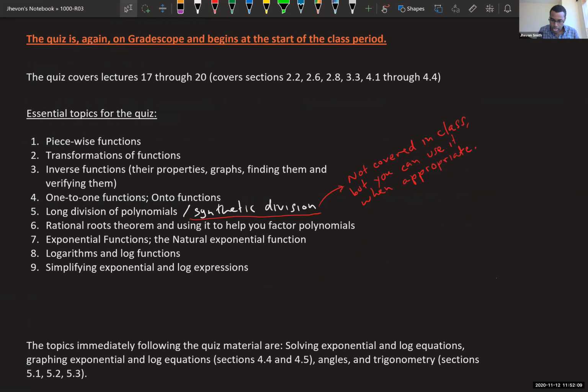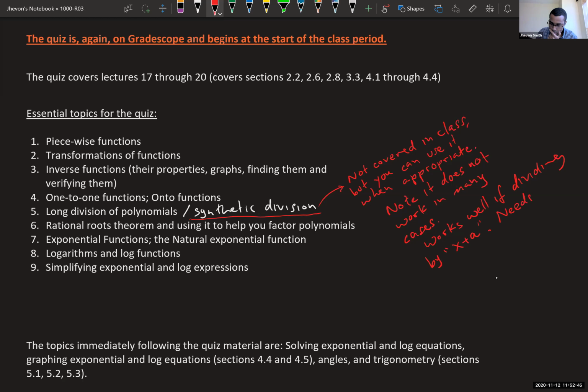Not covered in class, but you can use it when appropriate. Note, it does not work in many cases. Specifically, it works well if dividing by something like x plus a constant.